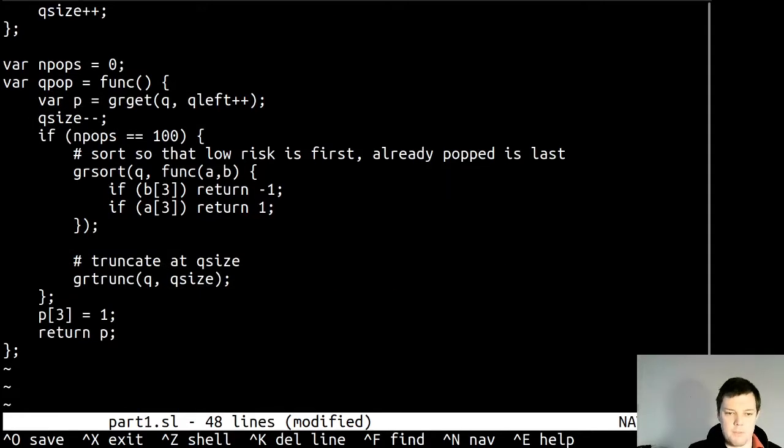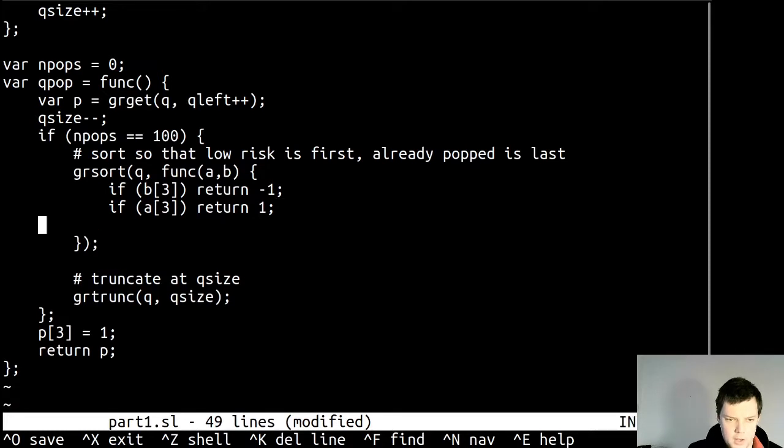If they've both already been popped off, we don't care because we're going to truncate them both off. Otherwise, they're both still members, so we want A to come first if it has lower risk than B. So we want it to be A2 minus B2.